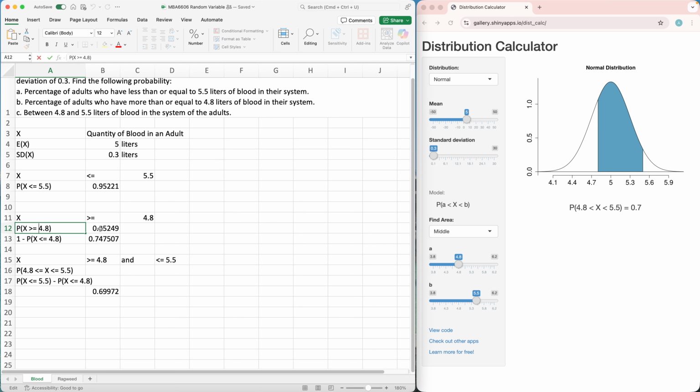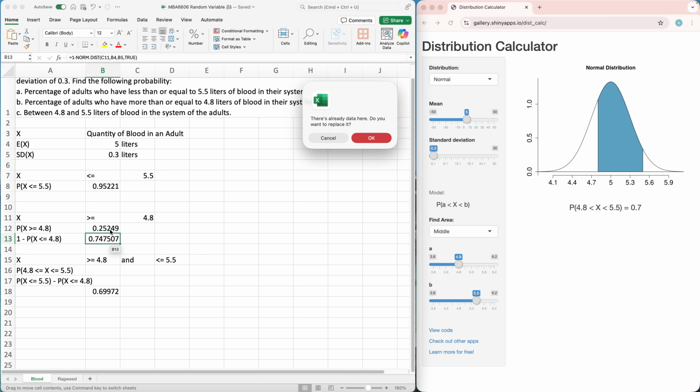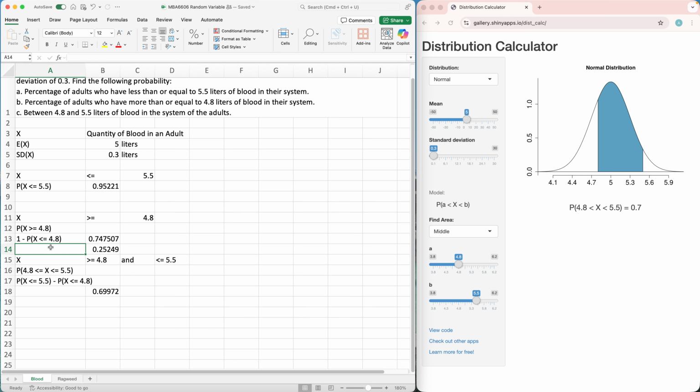So what I have calculated here is not this value, but the probability of x less than or equal to 4.8. All right, so this is the same as this, and computationally we have used this.